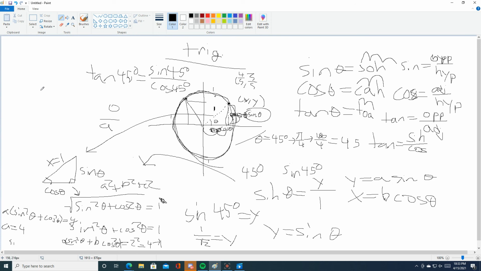So let's say you have some expression for cosine. Like let's say you have a system of equations, and you have some sine squared theta term over here, and you have y, and you have cosine squared theta.